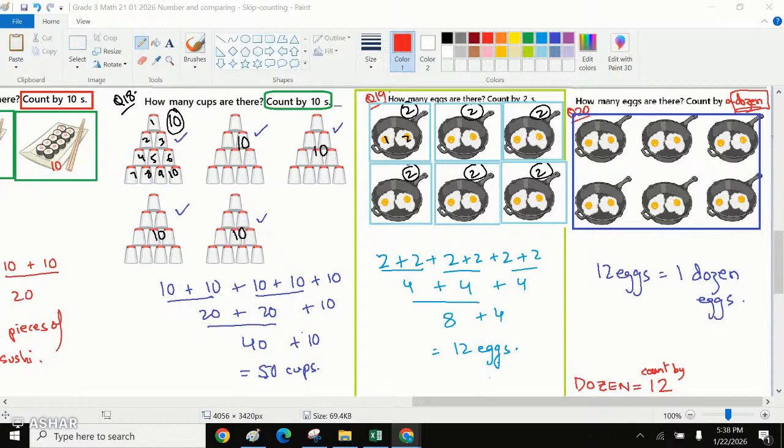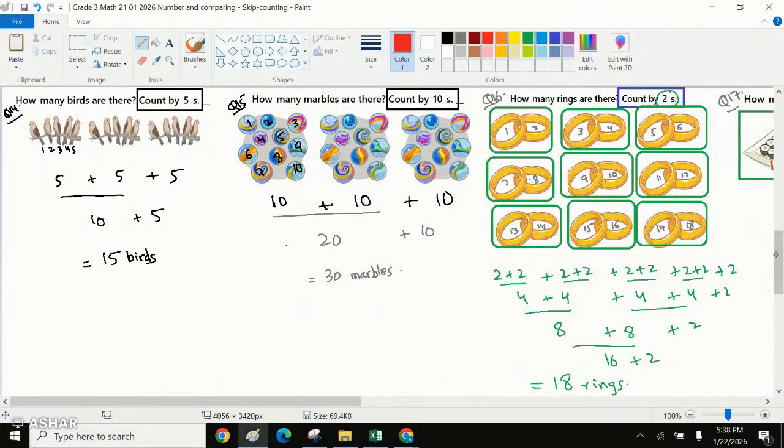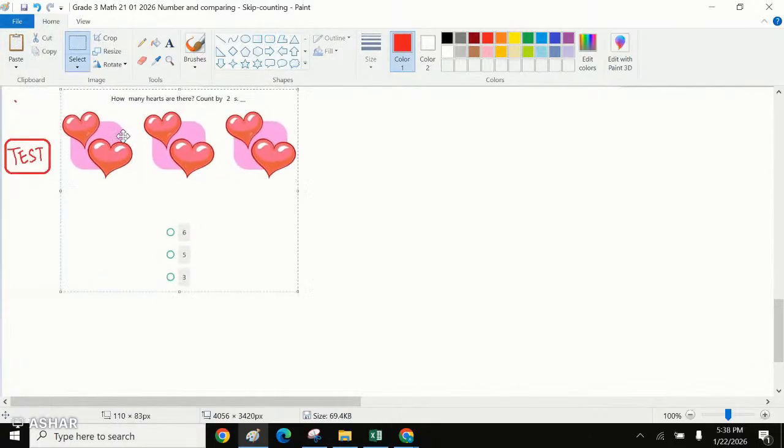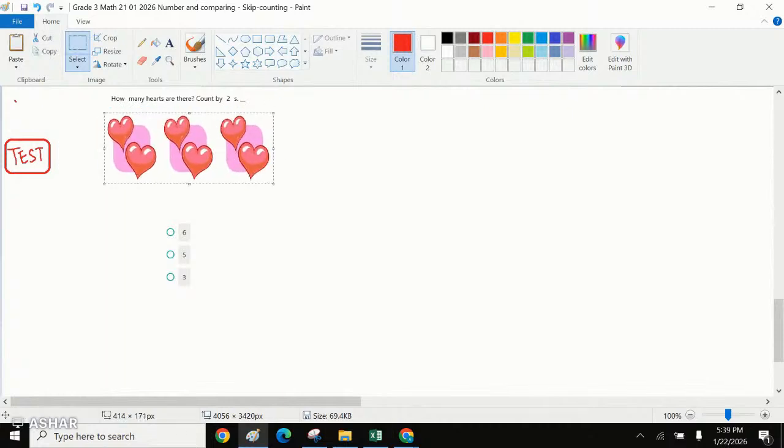But what we need to remember is, whenever we are counting by twos, we cannot have an odd number as the answer, because an odd number is not a multiple of 2, right? Oh, sorry, why did I write step? I would write test. Okay. So the first question we have is this, and we need to do it by the count of twos.